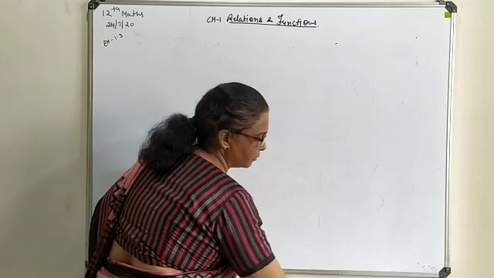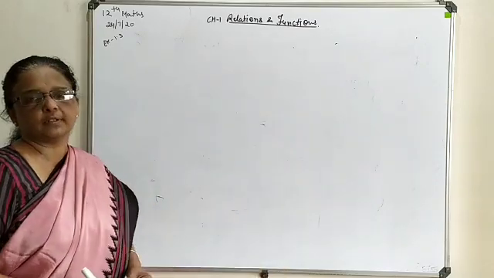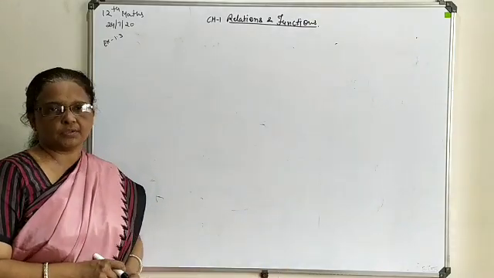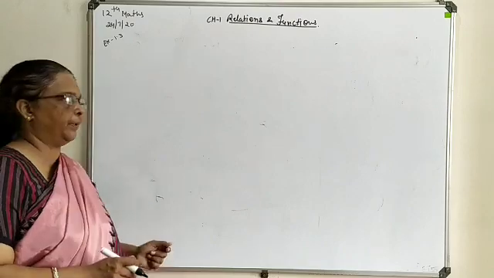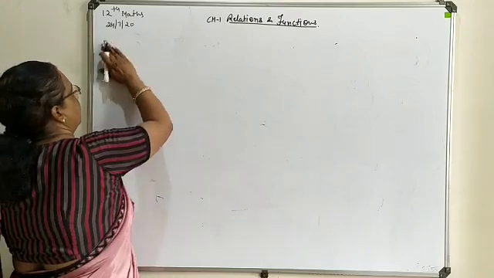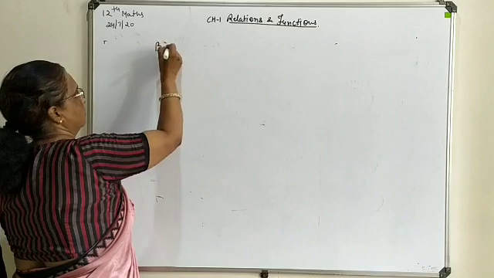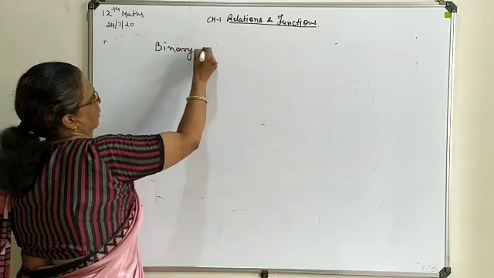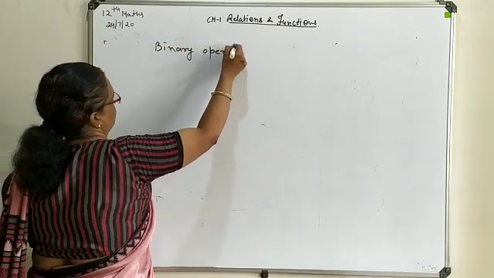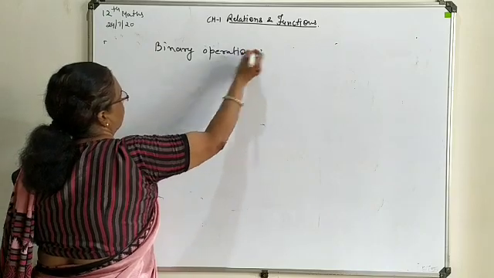Now here we try to define binary operation and try to understand which properties are associated with binary operation. So the next topic we are going to discuss is binary operation.